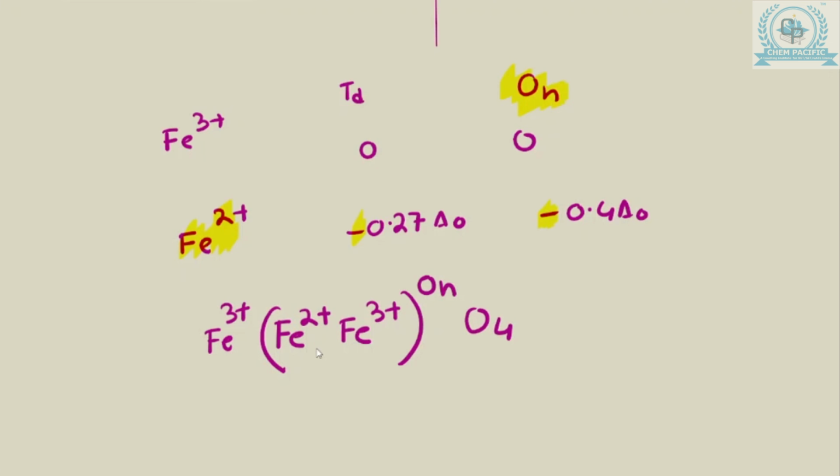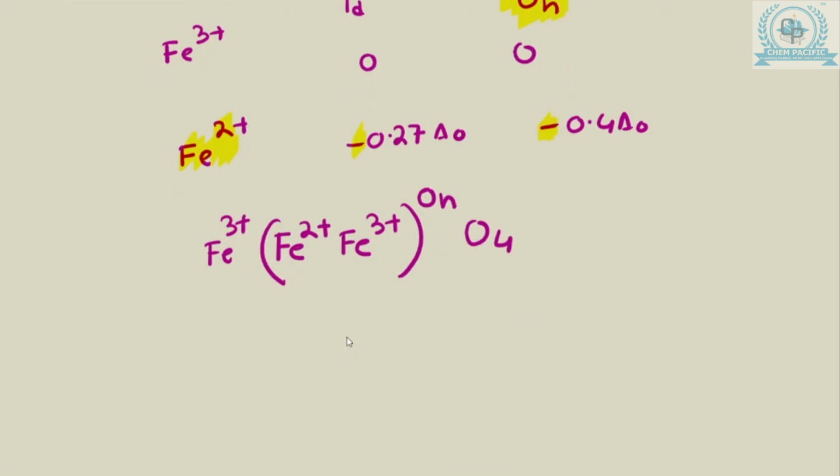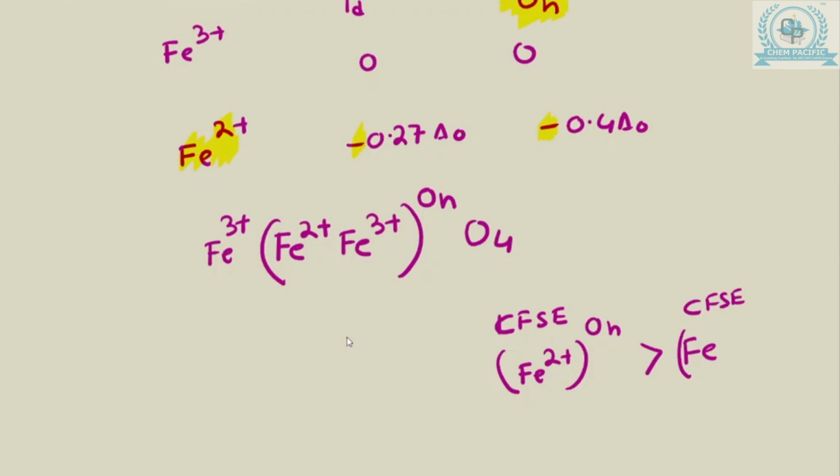Since we have seen that the CFSE of Fe2+ in the octahedral field is greater than the CFSE of Fe2+ in the tetrahedral field, therefore Fe2+ will occupy the octahedral site.